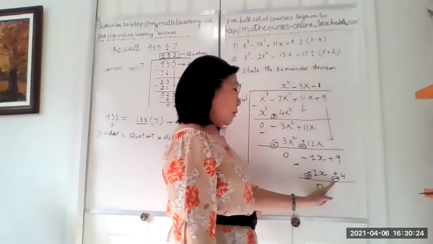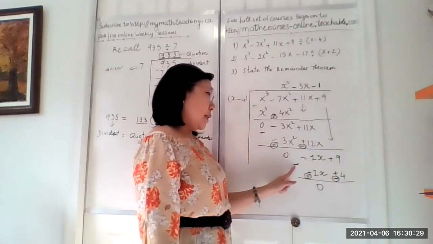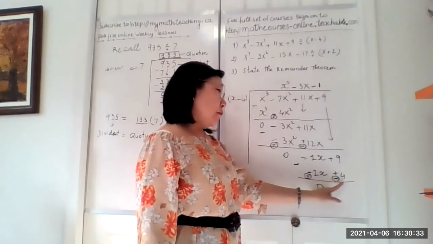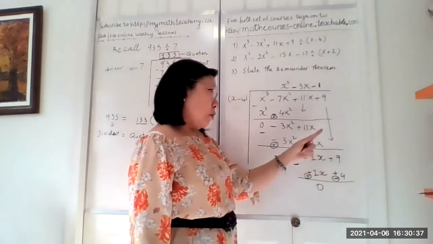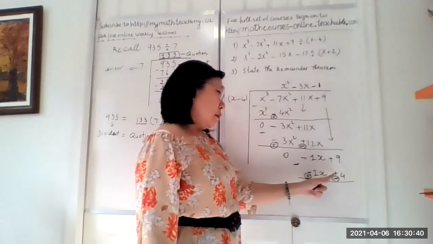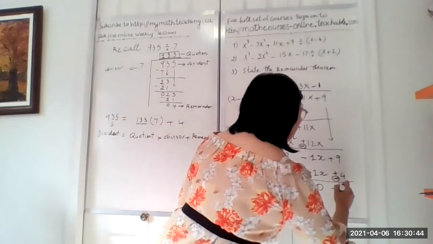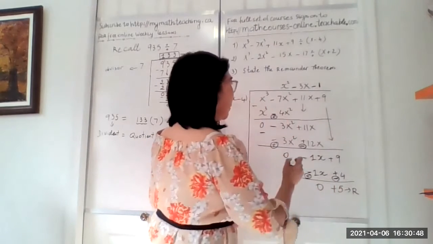So the second one is the one we pay attention to, right? Because it's affected by this negative. So the sign here is no longer positive 4, but it's negative 4. Negative 4 adding to positive 9, or 9 subtract negative 4, will be plus 5. So here is our remainder.